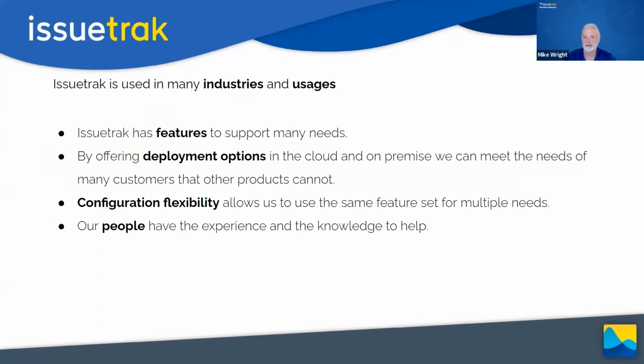Configuration flexibility allows us to use some of the same features for different usages, and Patrick's going to be talking about features later on, so I'm going to leave that to him. And then our people have experience and knowledge to help. Between Patrick and I, we have well over 30 years of experience with IssueTrack. Between both of us, we're approaching 40 actually years with IssueTrack. So we can leverage our experiences.